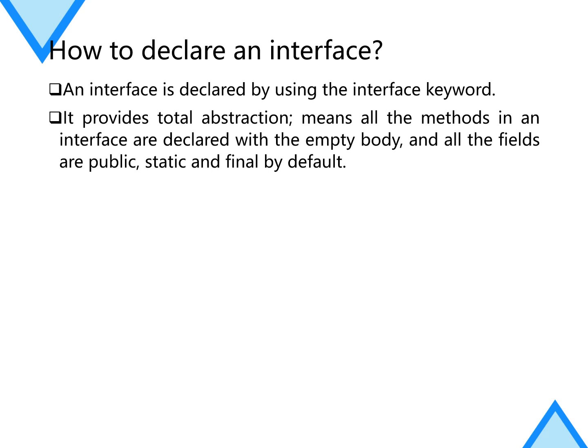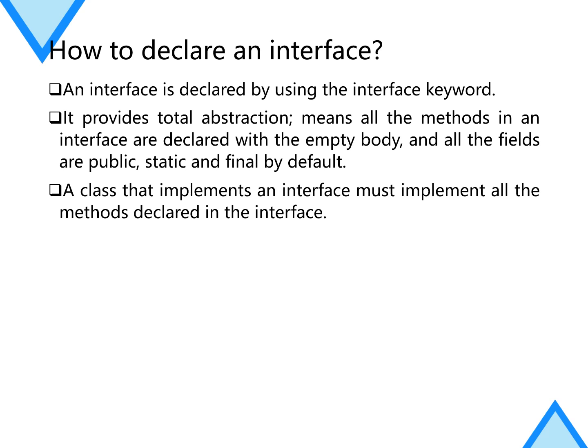So in an interface all the methods will be abstract methods, and the access type of the fields will be public, and they will be static and final by default. If we do not write final, it will be final by default. A class that implements an interface must implement all the methods declared in the interface. If any class wants to implement some interface, it must implement all the methods declared in that interface.